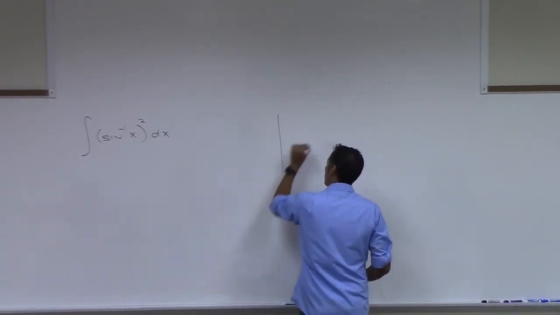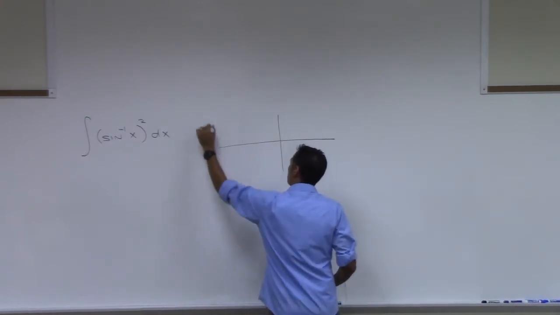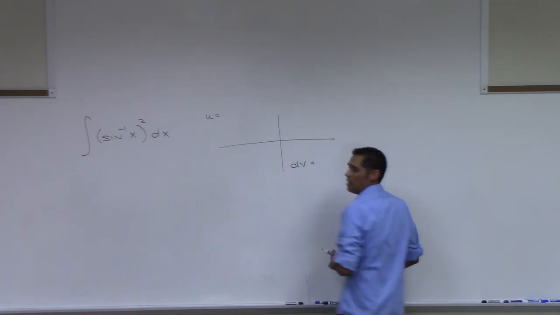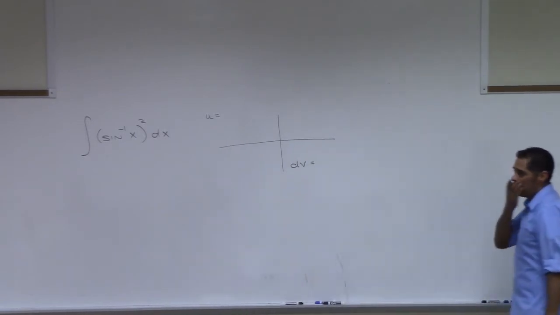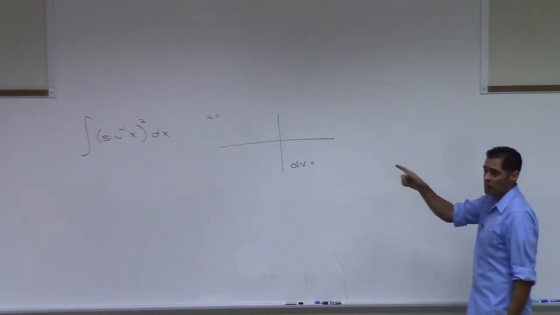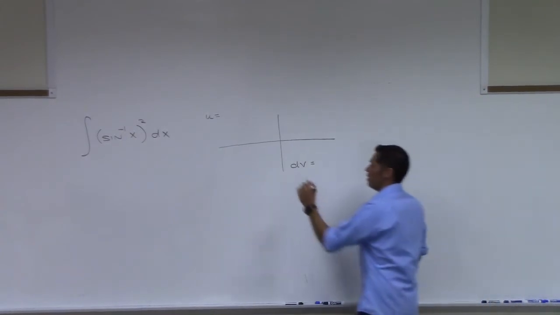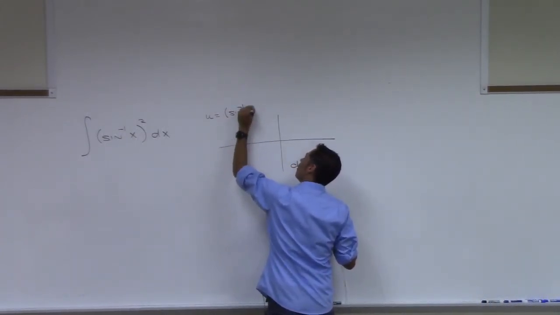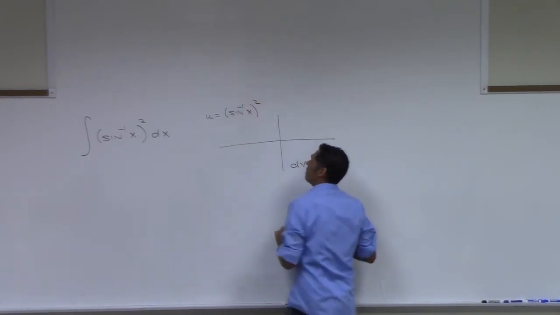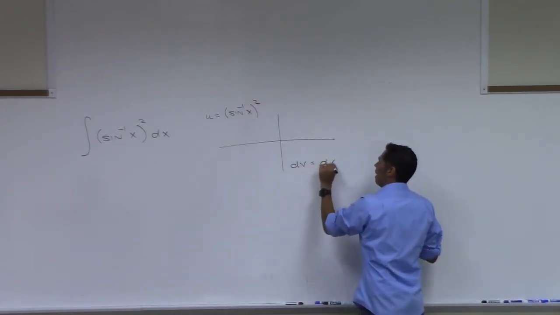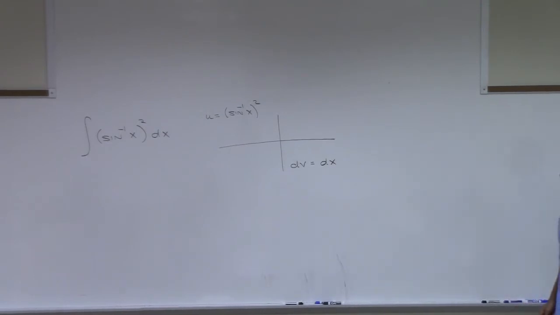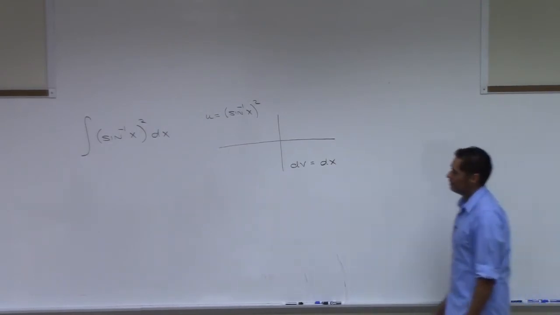If we do integration by parts, we've got to choose a u, and we've got to choose a dv. So had you already come up with what you want to try for u? Did you want to do the whole thing, or did you split it? The whole thing. Okay, and that means that dv has to be dx. I'm cautiously optimistic.